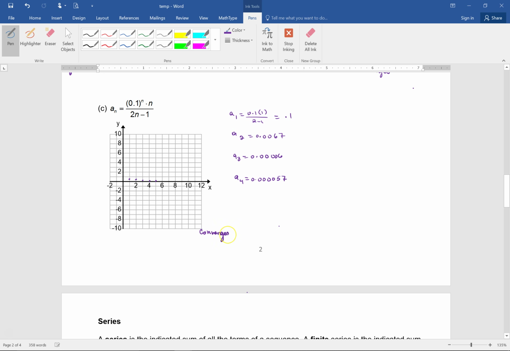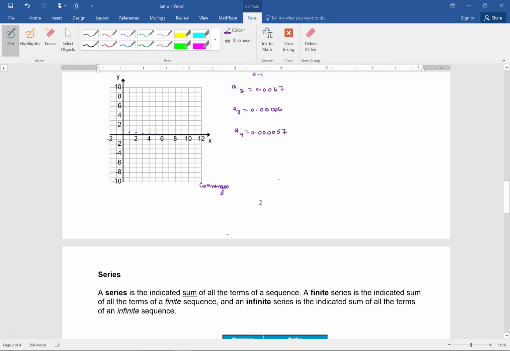Question? For like a tester quiz, would we have to write out like A1 is this, A2 is this, or could we just see that it's converging? You're going to have to plot them. I'm going to ask you for the plots though. Do we connect the converging or not? No, definitely no connecting.